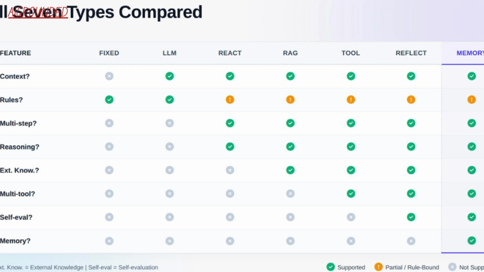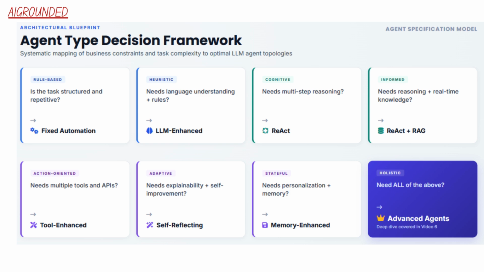Here is the complete decision framework covering all 7 types we have learned so far. Is your task structured and perfectly repetitive? Fixed automation. Does it need language understanding within defined rules? LLM enhanced. Does it need multi-step reasoning and planning? ReAct. Does it need reasoning plus real-time knowledge access? ReAct plus RAG. Does it need to coordinate multiple tools and APIs?